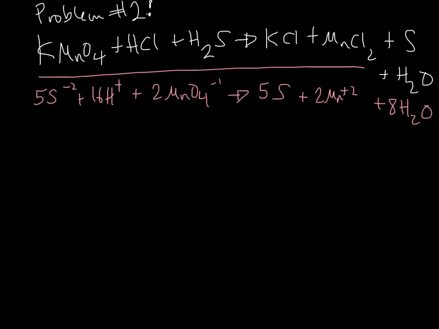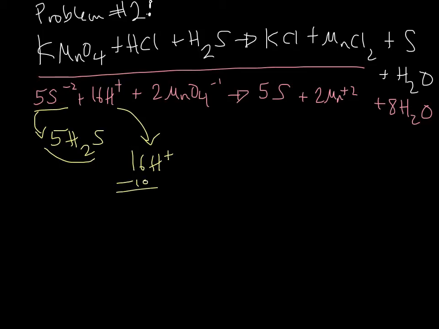My 5 S minus 2s would have come from the H2S, and H2S is an acid. So the 5 S2- would have come from 5 H2S's, and that takes care of 10 of those 16 H pluses. So I have 16 H pluses, but 10 of them are taken up in the H2S.